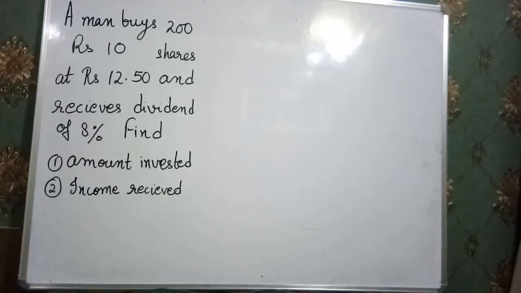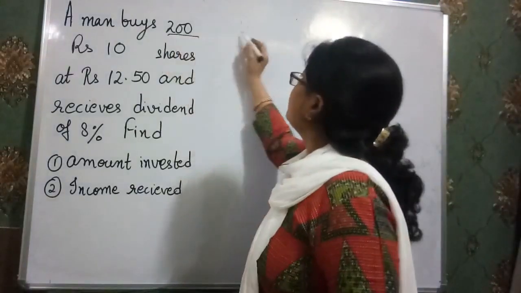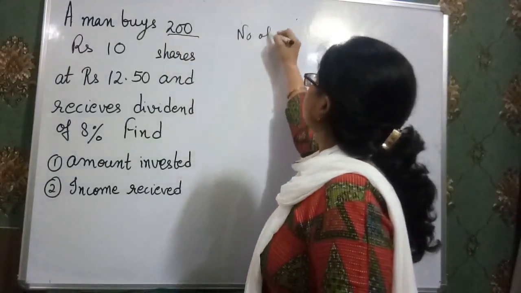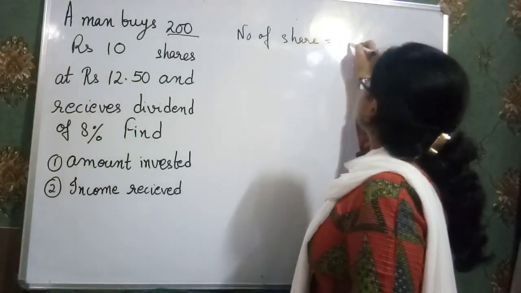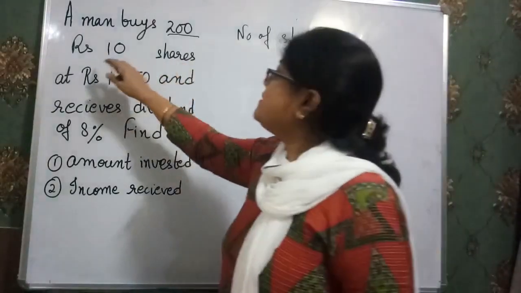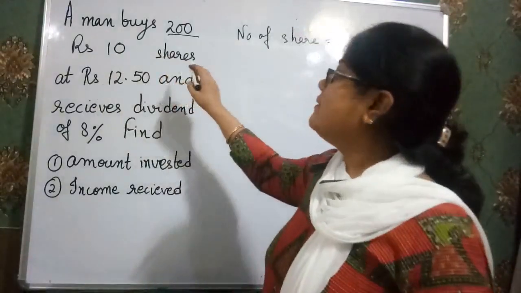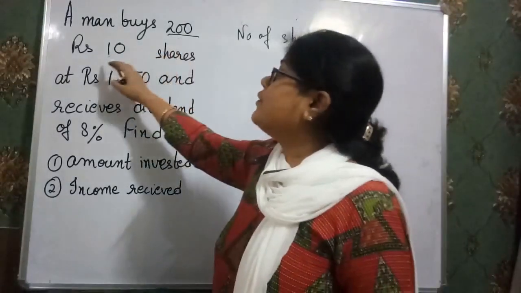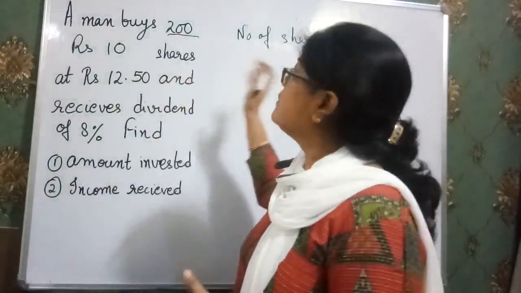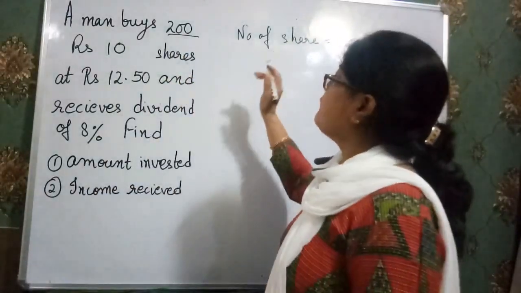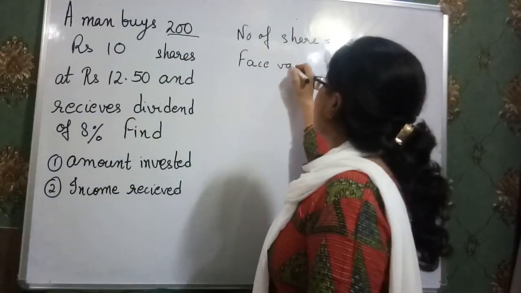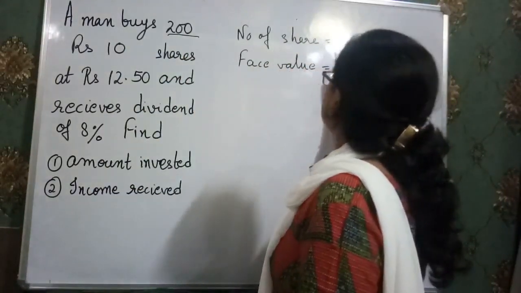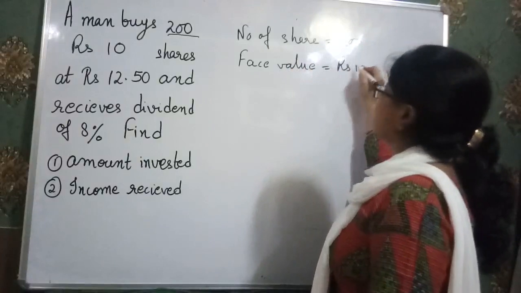Clear? Now rupees 10 shares, and the money which is generally quoted with the number of shares is the face value of the share. You just remember it, that is the face value of the share.